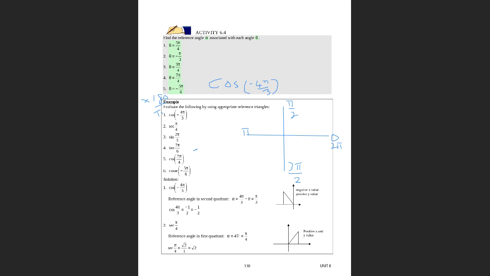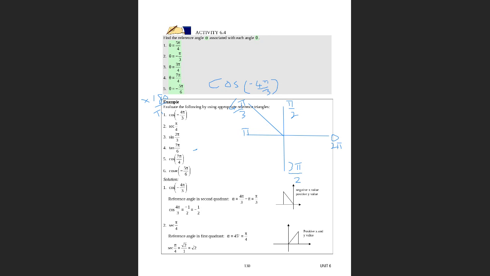So 90, 180, then here will be 240 because we are going in the clockwise direction. So 240 degrees will be in the second quadrant because we are in the clockwise direction. So here will be 4 pi over 3.